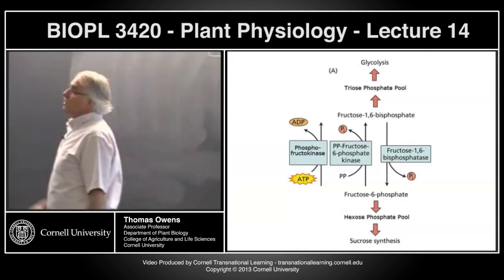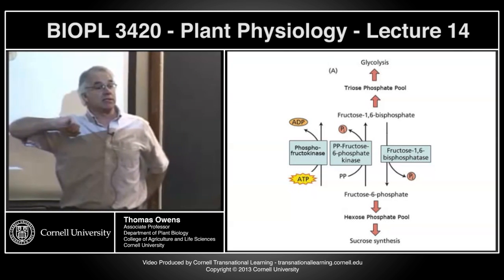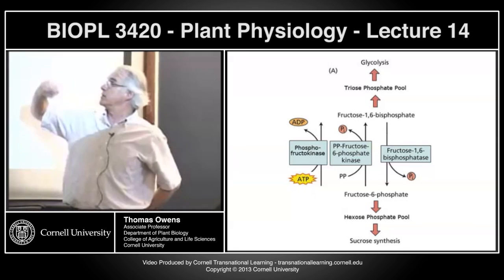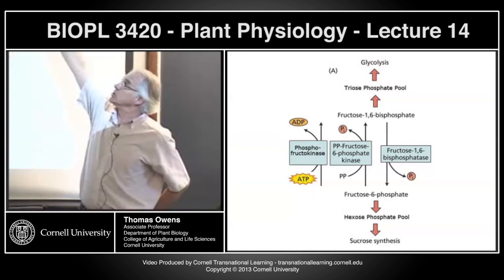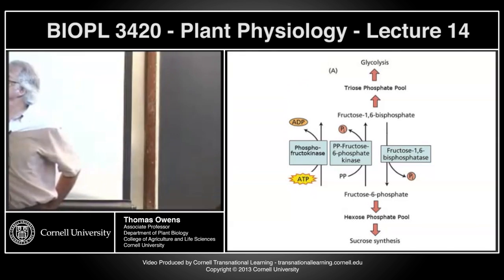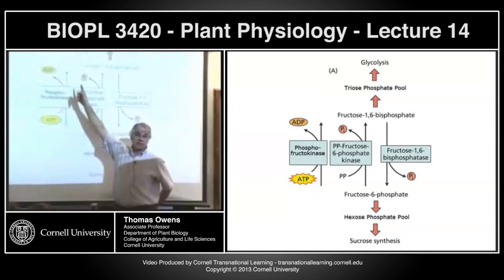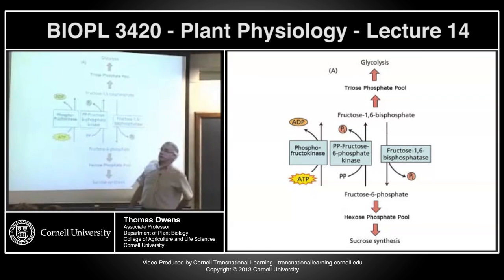Okay, so why has this become important? Well, there are enzymes that are present in plants that are not present in animals. The interconversion of triose phosphates and hexose phosphates is typically accomplished by these two enzymes, which either takes off a phosphate or adds on a phosphate, depending upon which way you're going.